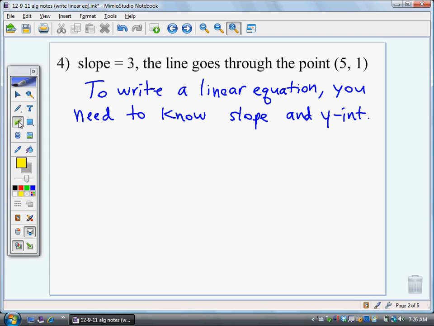And in this problem, slope is 3, so I know that. And then what I could do, we use our point to find the y-intercept.